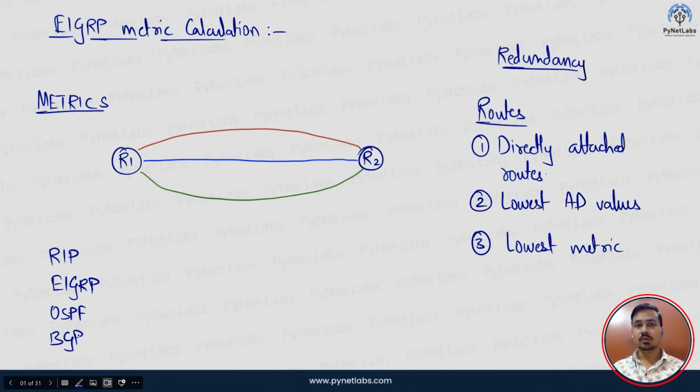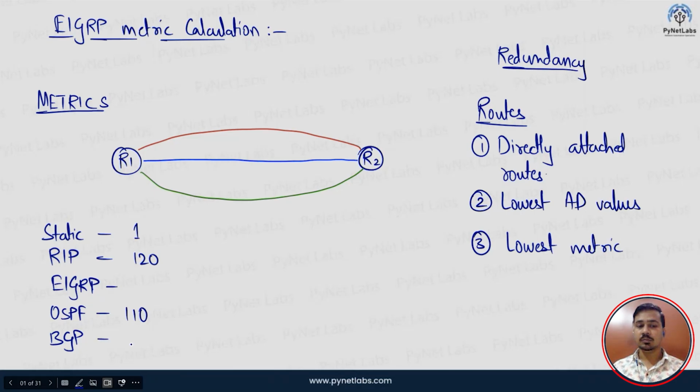Depending upon the routing method we are using, static routes have an AD value of 1, RIP has an AD value of 120, and, as a quiz, I'm asking you to share what the AD value of EIGRP is. For OSPF, we have 110 as the AD value.